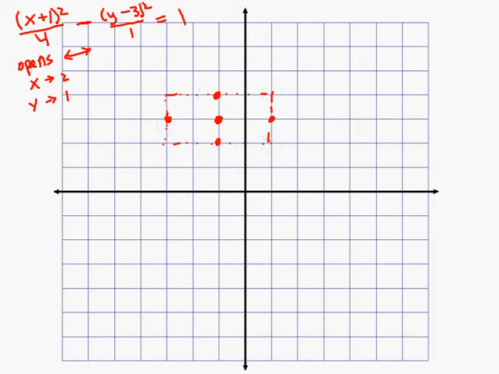Wherever those meet, I'll do it in blue, they meet at these points. What I'm going to do is, through the center, draw a dotted line like this, and I'll do it both ways.